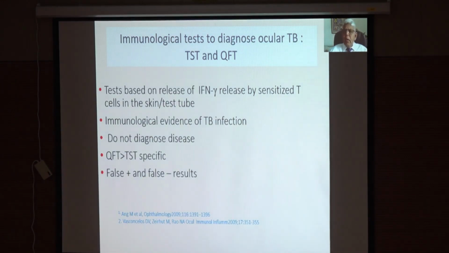People say and believe that the QuantiFERON test is a little more specific because the antigens that we use, ESAT-6 or CFP-10, typically the TB antigens that are used to stimulate these T cells in the test tube, are more specific and do not have cross-reactivity with environmental non-tuberculous mycobacteria or Mycobacterium bovis, like the tuberculin, the old tuberculin that we use for PPD, purified protein derivative from the TB, which cross-reacts with these other mycobacteria.